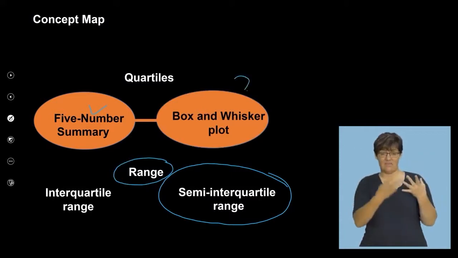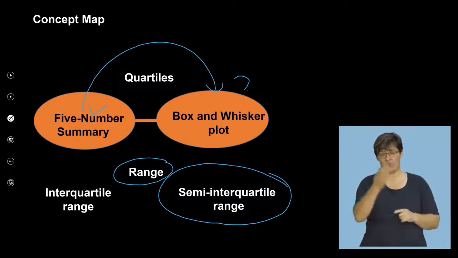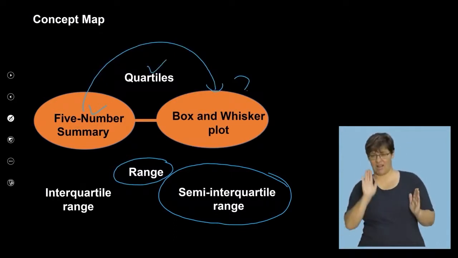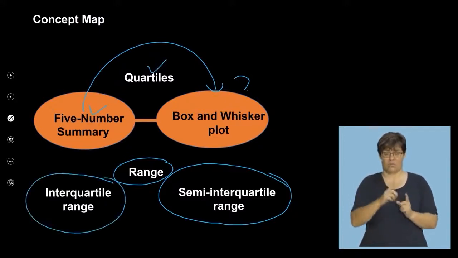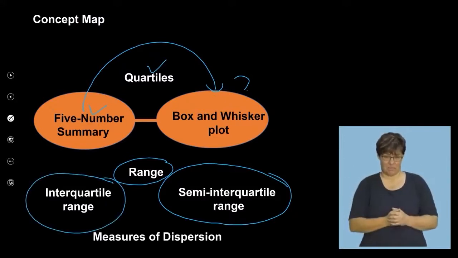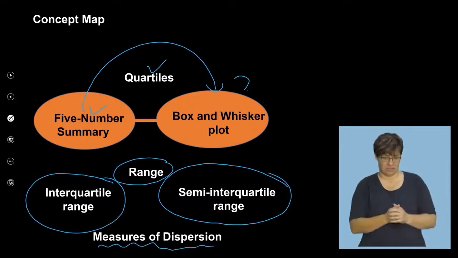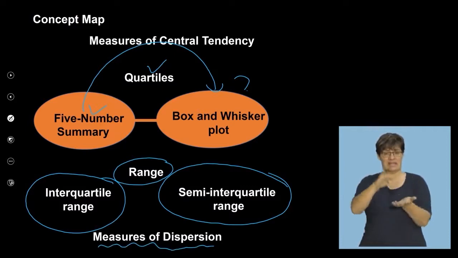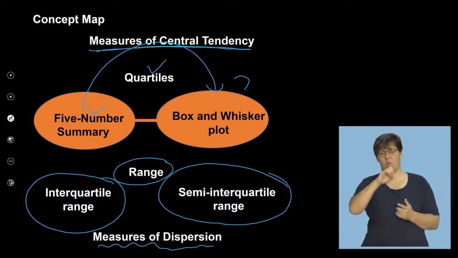We need the 5-number summary to draw something called the box and whisker. And we know what quartiles are now, okay? And there's also an interquartile range. So these are called the measures of dispersion, and the measures of central tendency, okay, which are mean, median, and mode. There are more.